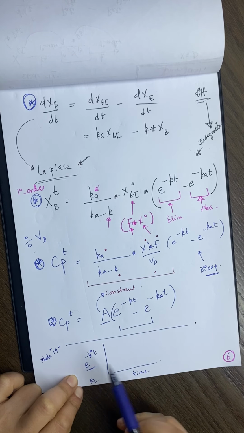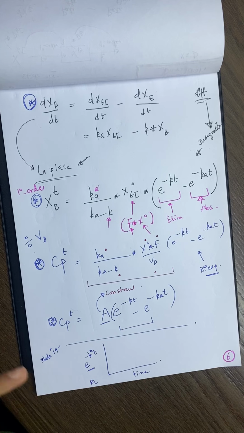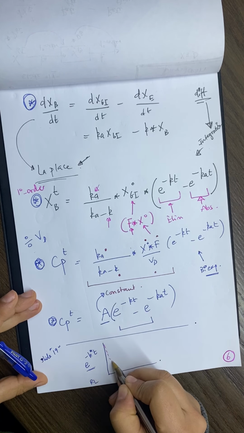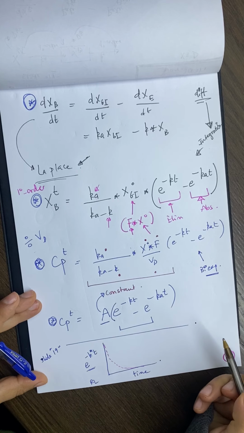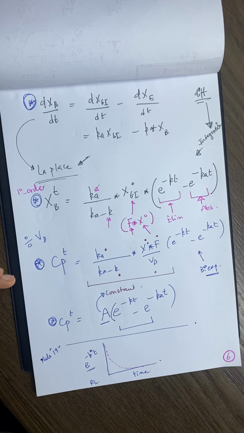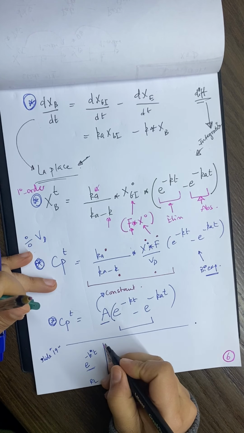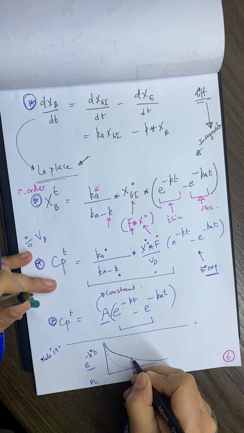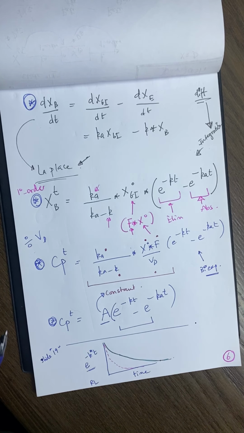I'm just drawing the exponential term. I will have the faster exponential term at the beginning, and then I will have, I need another color, this for the slower exponential term.